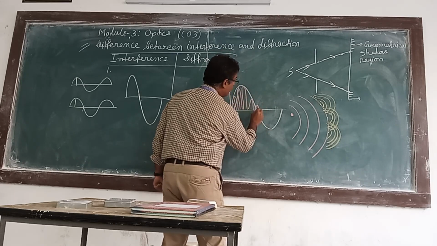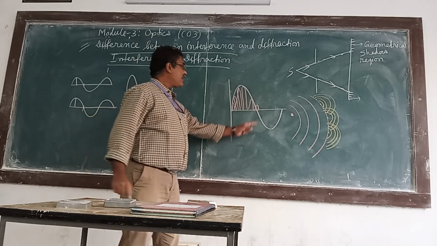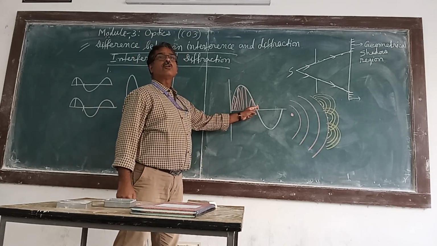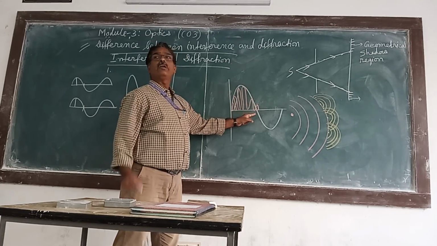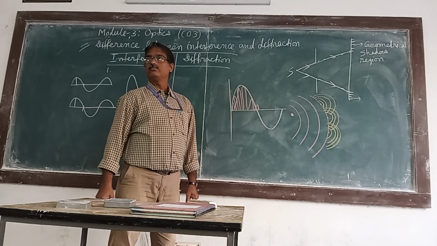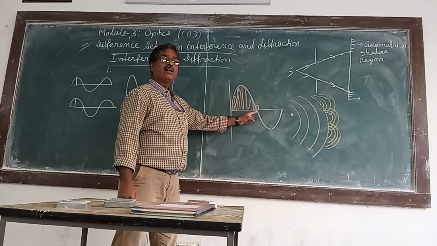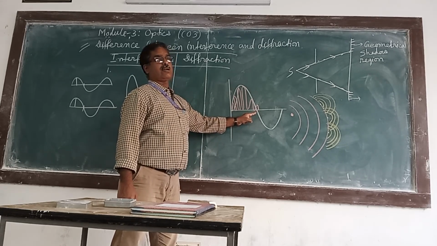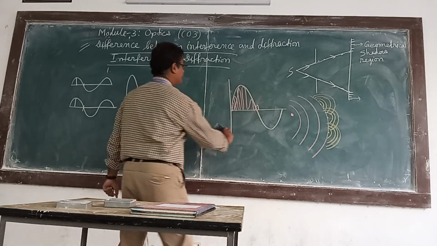It may be happening that where there is a dark for the diffraction, there is the maximum for the interference. So when these two are superposed, we get some light. So in diffraction we don't get the perfectly dark fringe, but I'm not going to discuss this now.